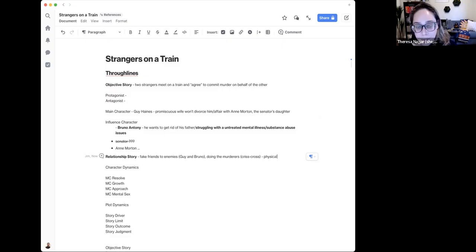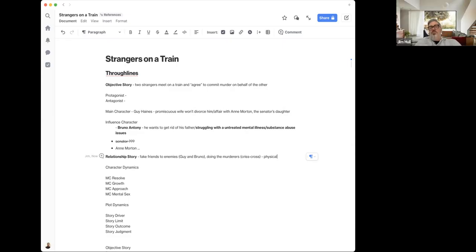And that could be objective story too. I could be getting the two confused, but I felt like their relationship was very much about doing the murders. So how do you see the objective story throughline?